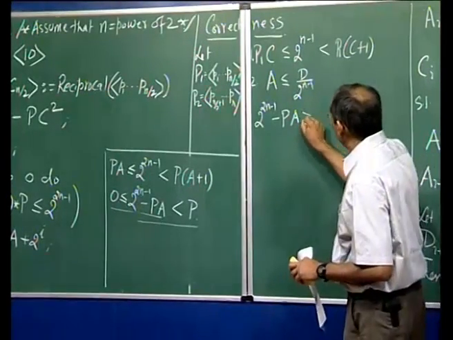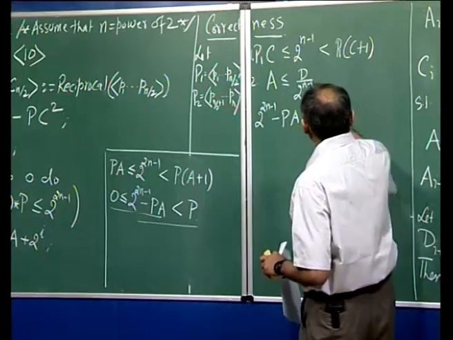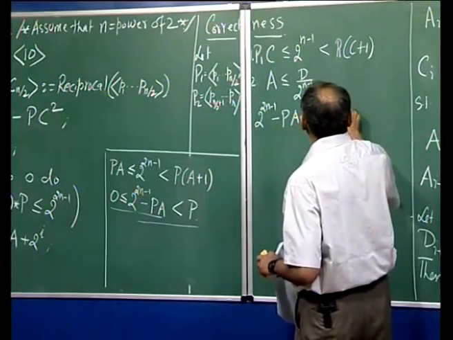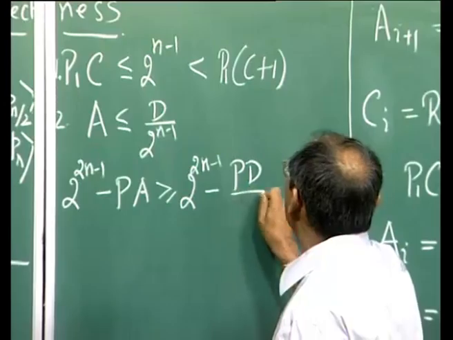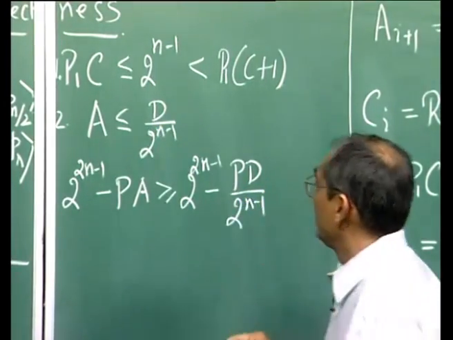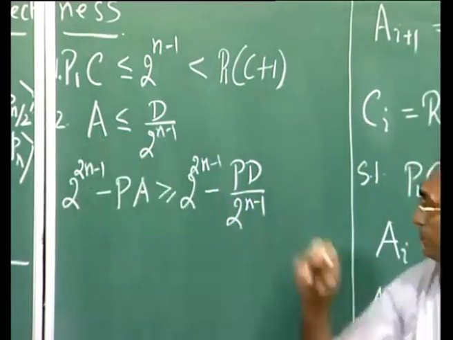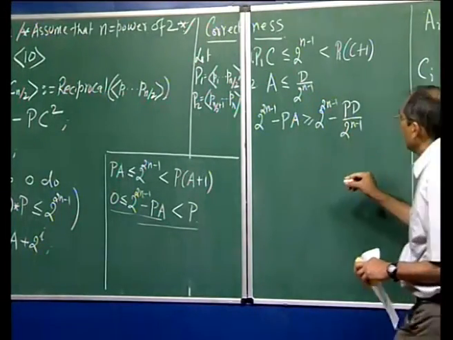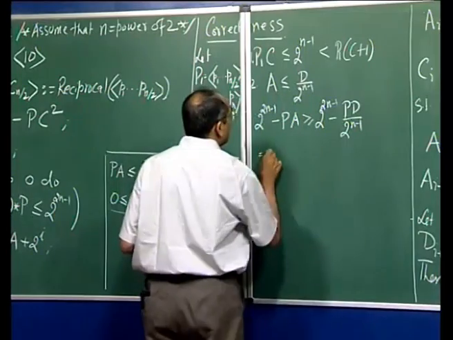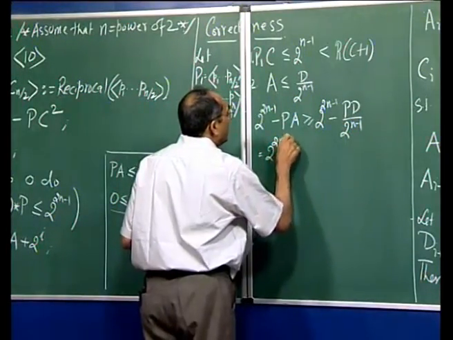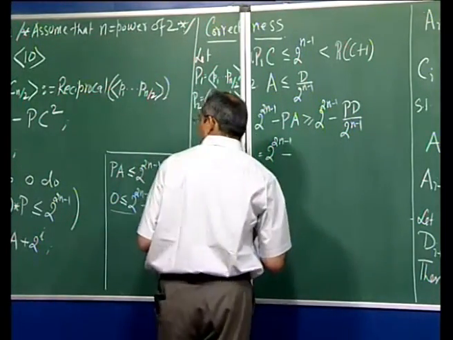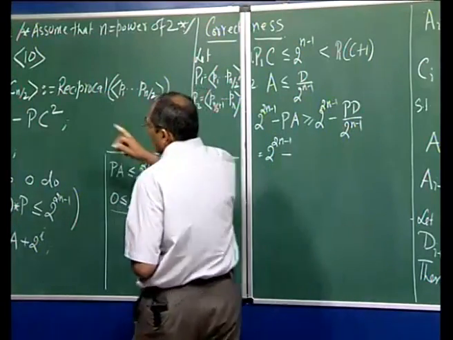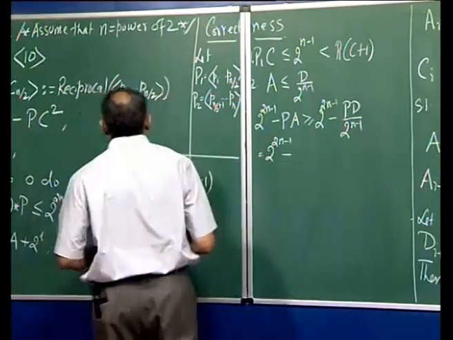This is greater than or equal to 2 power 2n minus 1 minus PD by 2 power n minus 1. The reason is this inequality. Let us plug in the value of d in this. So, this thing is 2 power 2n minus 1 minus, and our d is this expression.